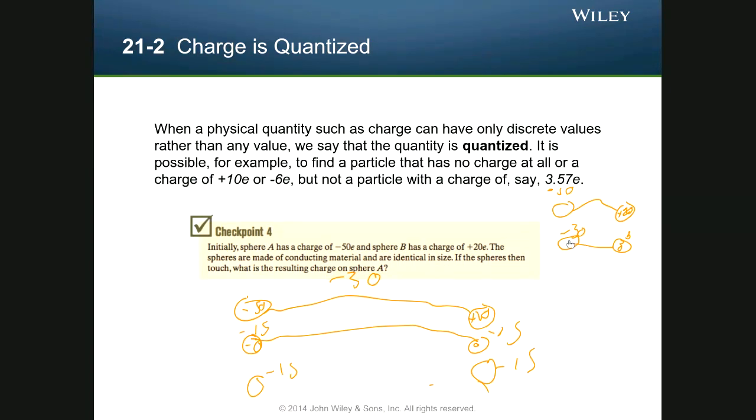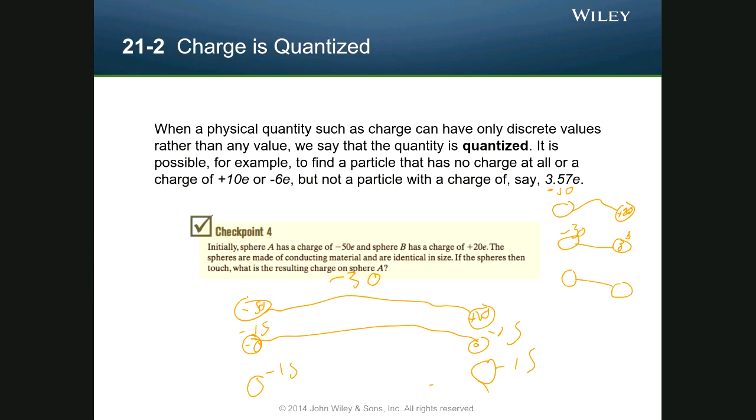Okay? And then the question is, when does it reach equilibrium? Like, when does it stop transferring? Well, it stops transferring when this sphere B is no longer the most desirable place to go. And so let's take a look at that. We'll make another sphere and another sphere.